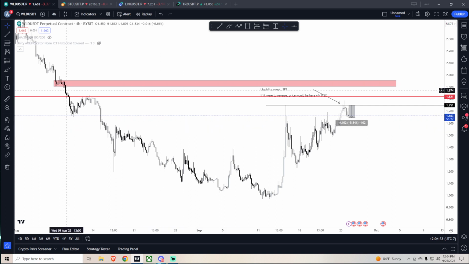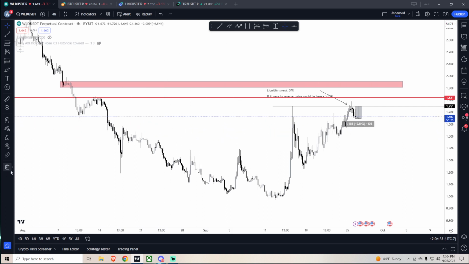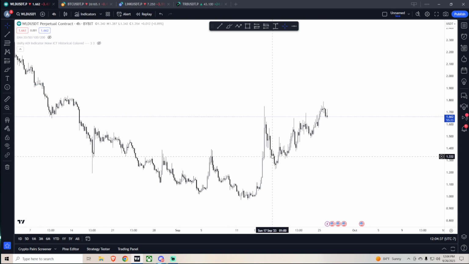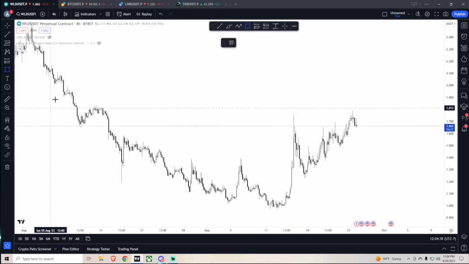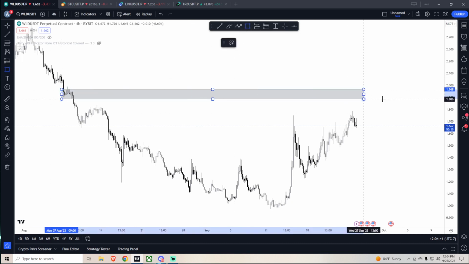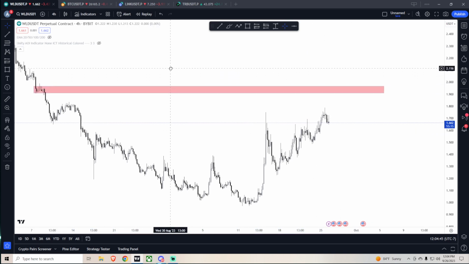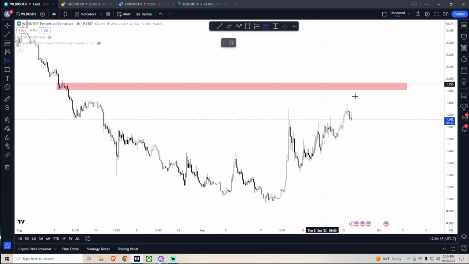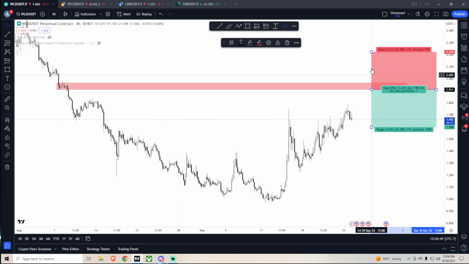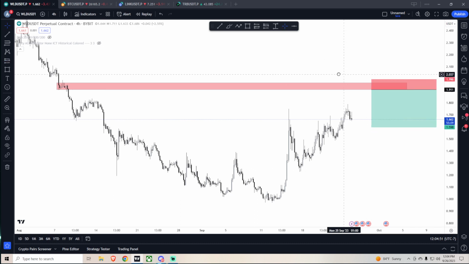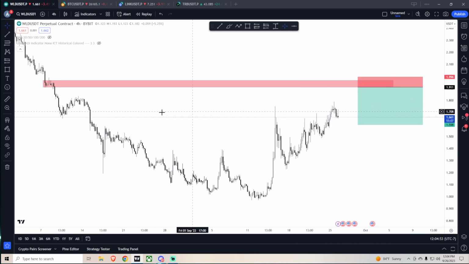Okay, so if I were to play this from scratch, we see that there is a supply zone here, right? So if I were to just set limits, it was going to be something like this with my stop loss above these highs. Okay, so this is a completely different trade than going in versus confirmation.